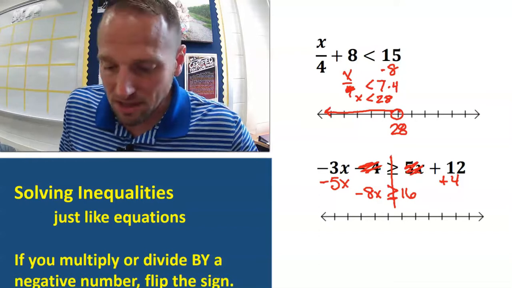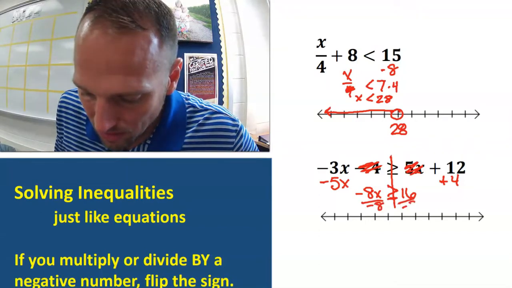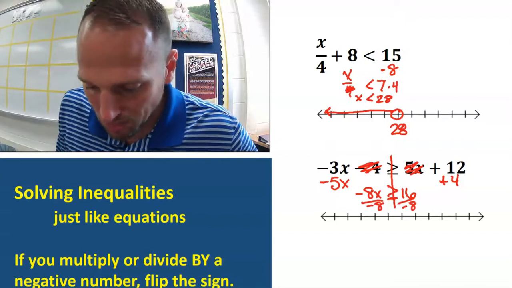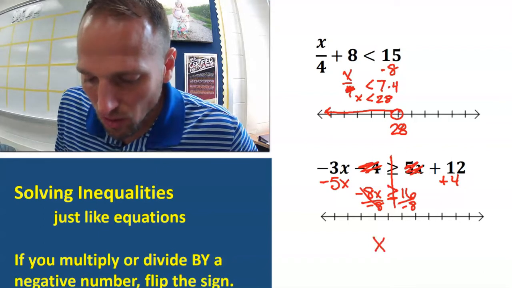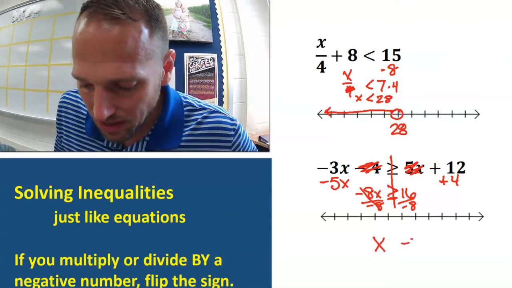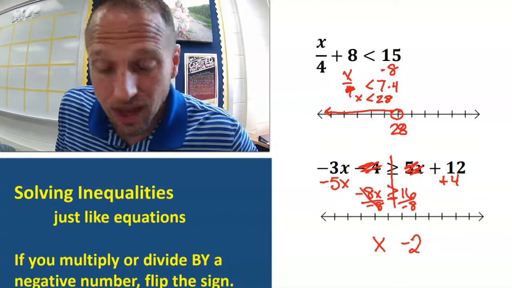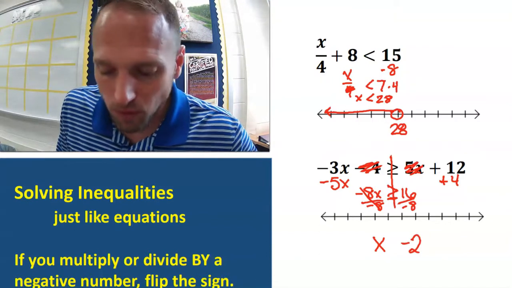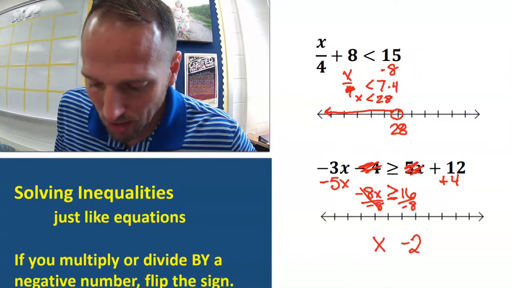Okay, next step. We need to divide both sides by negative 8. Ooh, I'm running out of space. I'm going to jump down here below this line. The negative 8s will cancel, and I've got x. Over here, 16 divided by negative 8 is negative 2. And we divided by a negative 8, so we have to flip the sign. Remember, if you multiply or divide by a negative number, you have to flip the sign.